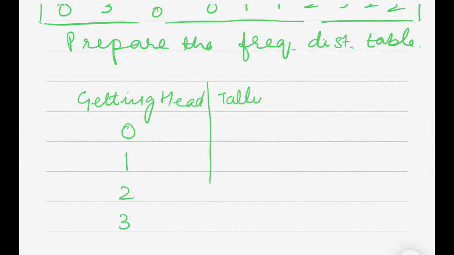Then here I can make a column for tally marks. Always you have to write down tally marks. For tally marks we have to make bundles of 5.